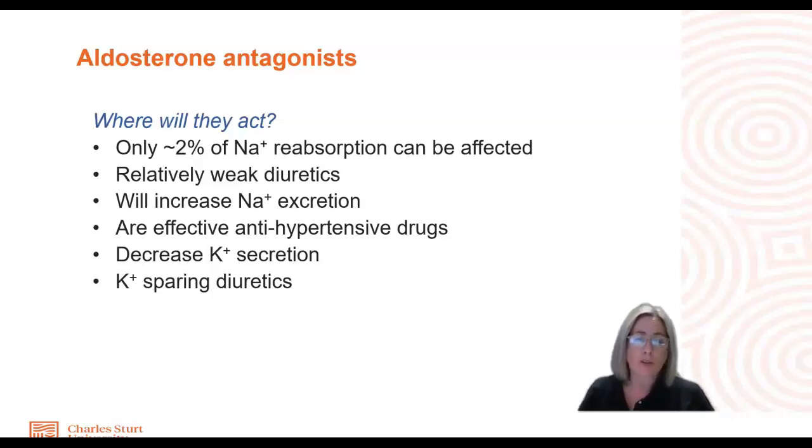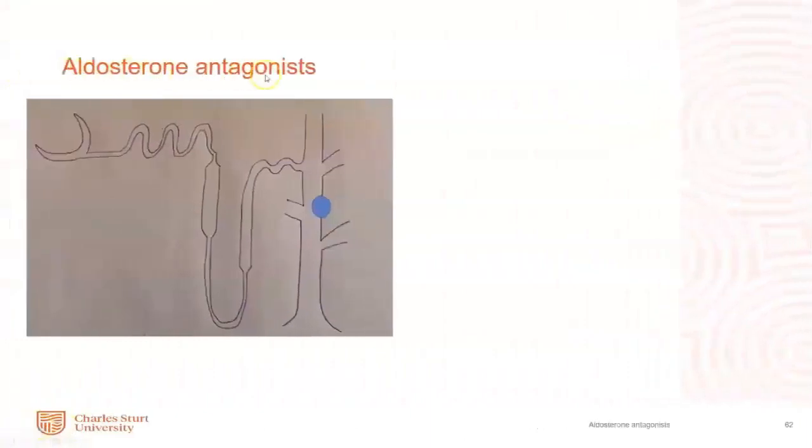And the benefit of using one of these is they don't come with the same hypokalemia unwanted effect because they decrease potassium secretion. For this reason, they're known as potassium-sparing diuretics. We'll just look on the next slide at how they're actually working. So these aldosterone antagonists are acting on these intercalated cells of the collecting duct.